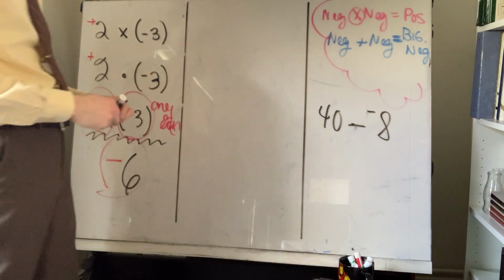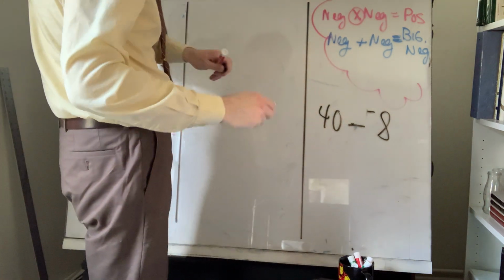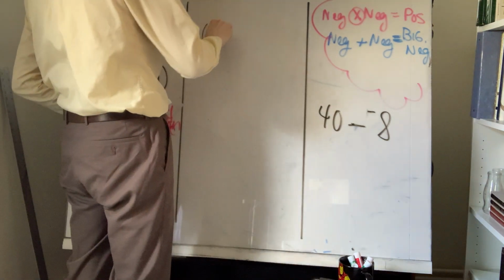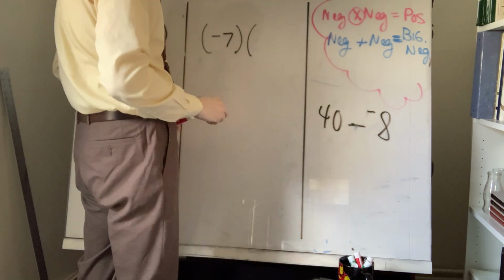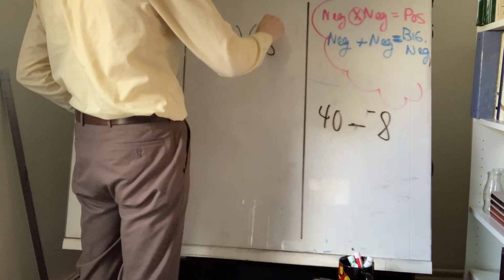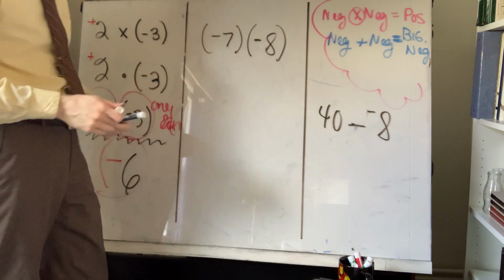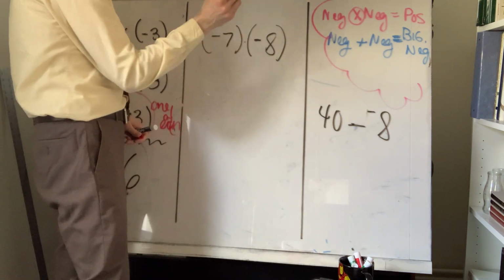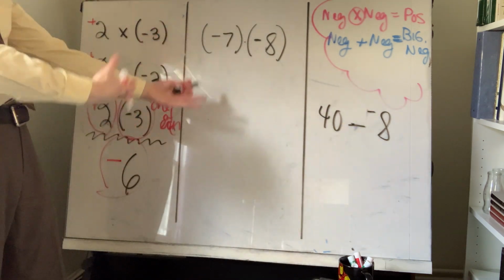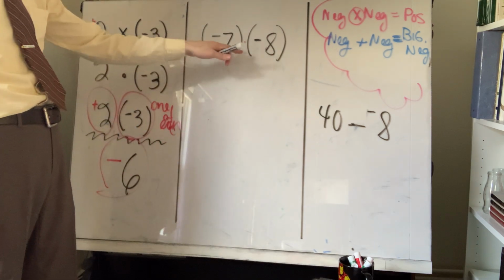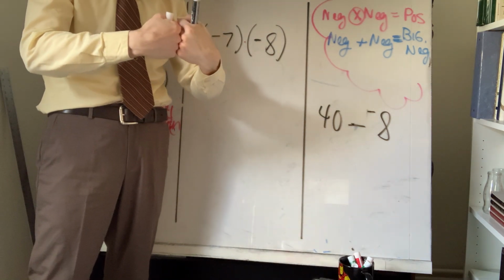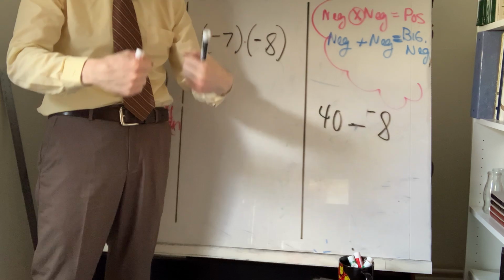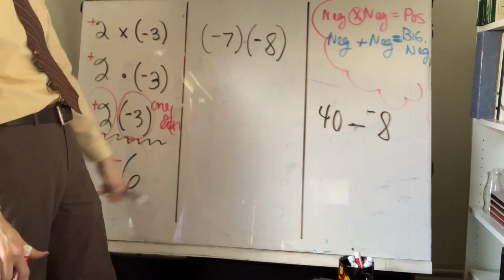Okay? Here's another one. Negative 7 times negative 8. Depending upon who's writing it, they might put a dot here or not. That's kind of overstating the case. If you just see 2 parentheses butted up against one another, no plus, no minus in between them, it's understood that this is multiplication.